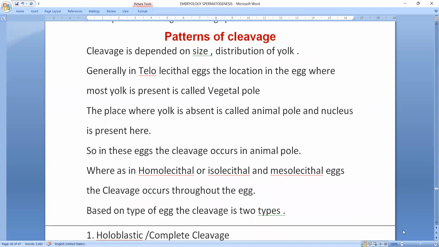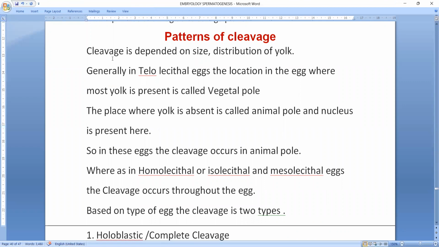Right. So what is cleavage? Cleavage is the rapid cell division in the zygote after fertilization, to form various stages of the embryo, and ultimately the embryo will become an infant or baby.